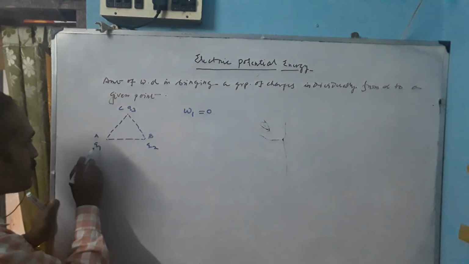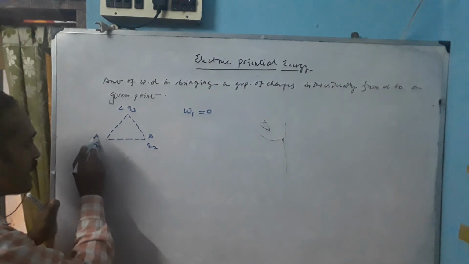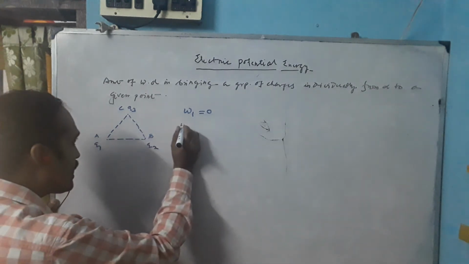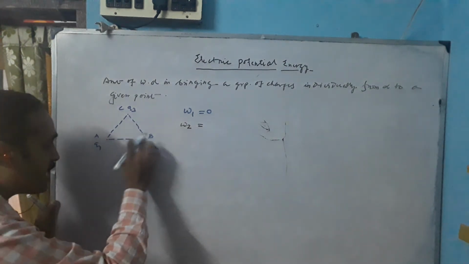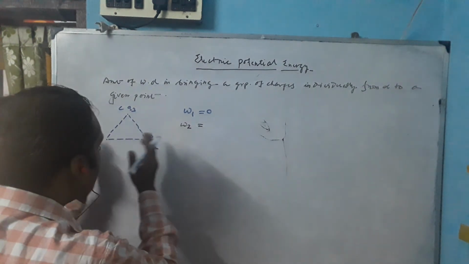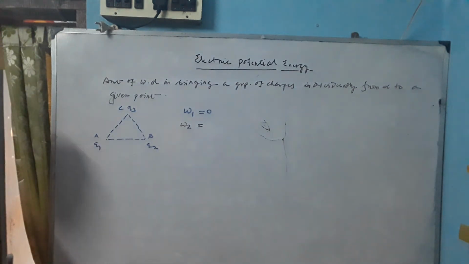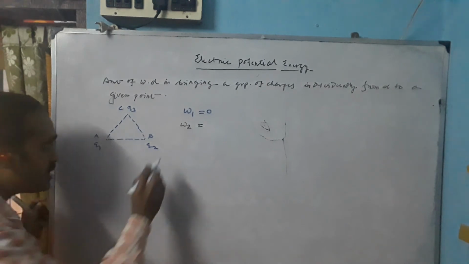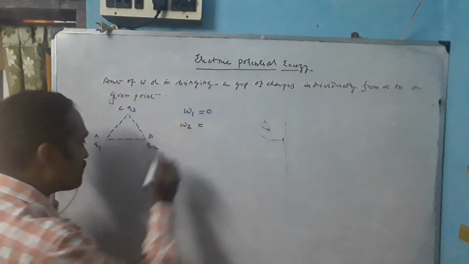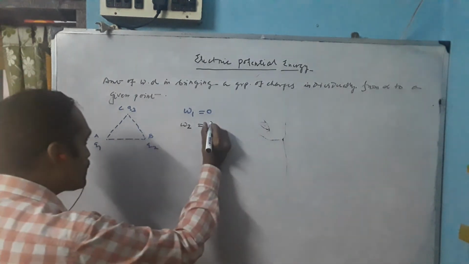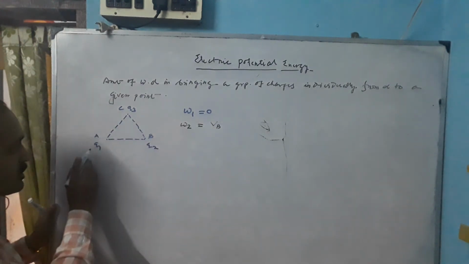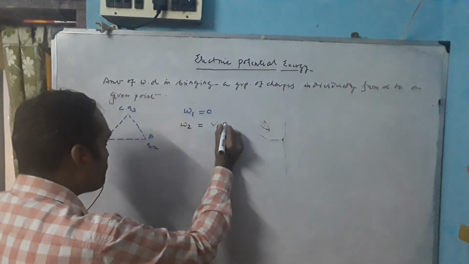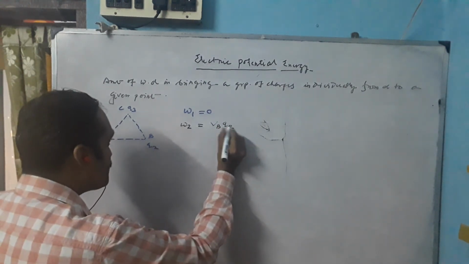But as Q1 comes to the point A and now we want to bring Q2, then we need to do some work to stabilize this system. This work done is nothing but the potential at B due to this charge multiplied by the charge which we are bringing.